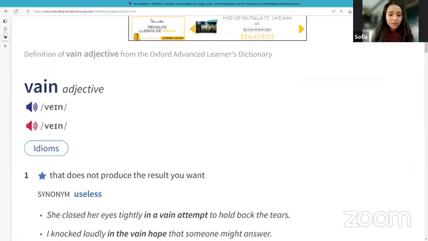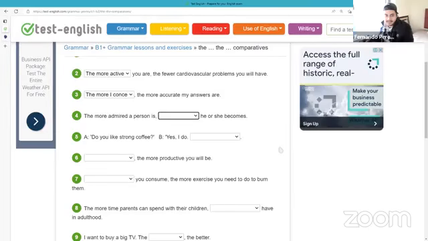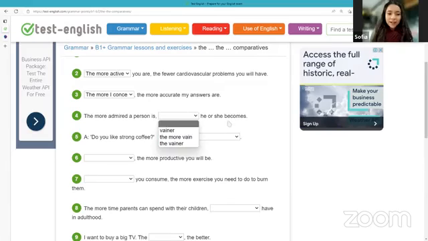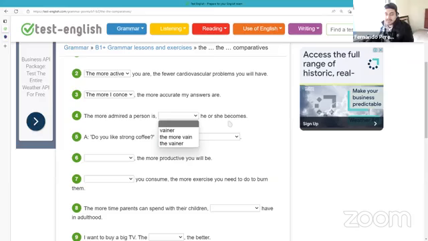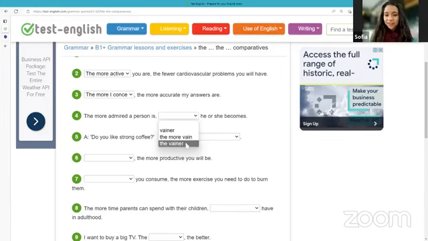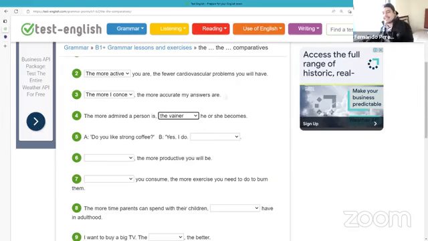Okay. The more admired a person is, the veiner. Pronunciation. The veiner. This one right here. You are completely correct. Excellent.